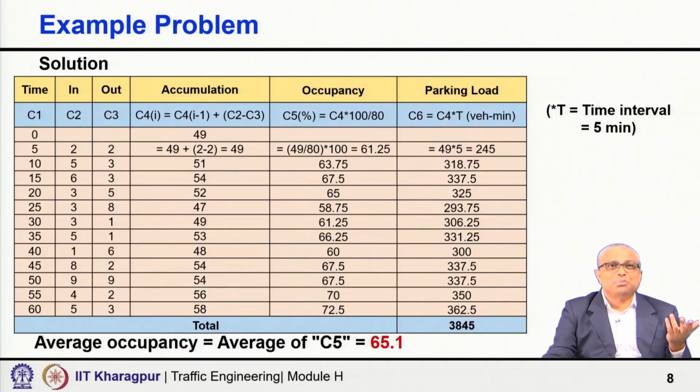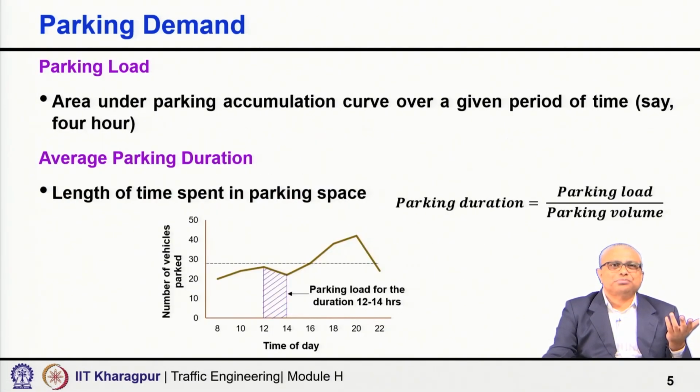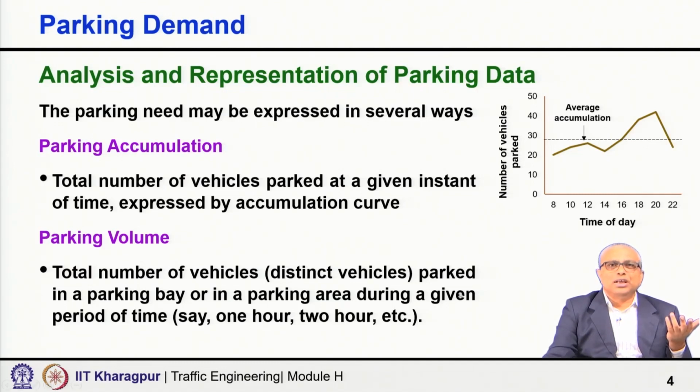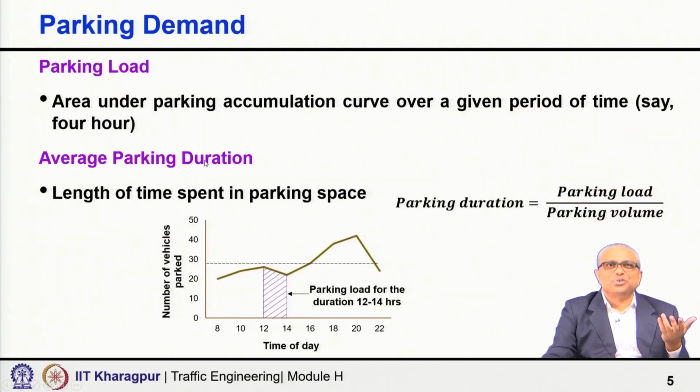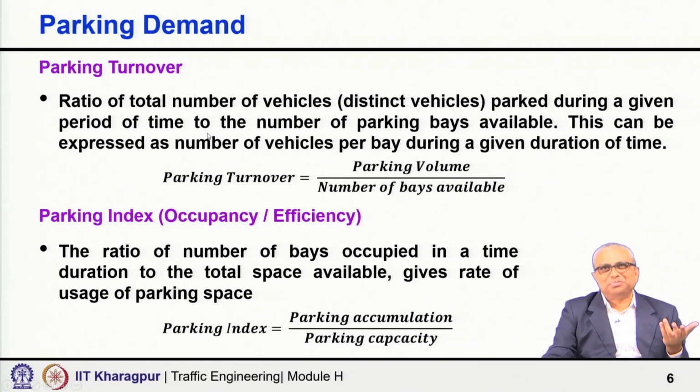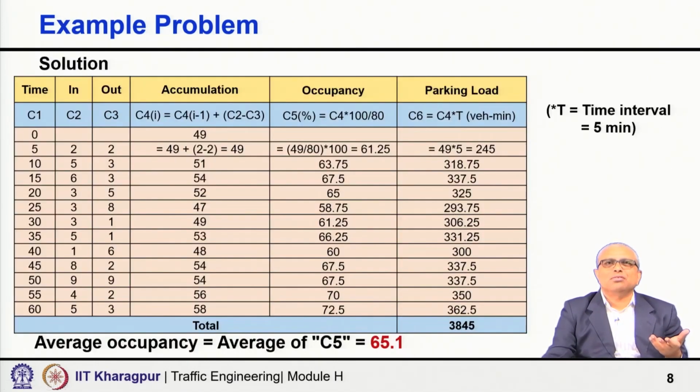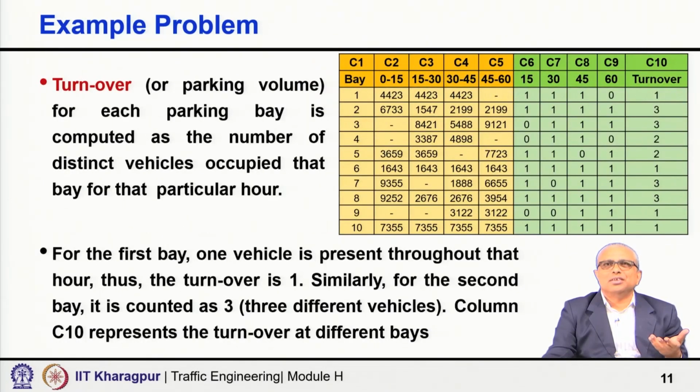Remember that when I spoke about parking volume, I said it is the total number of vehicles parked in a parking bay or in a parking area. If we are measuring it for a single parking bay, then it is the same as parking turnover, because parking volume divided by the number of bays is the turnover, and here I have observed only one bay. In the whole area, we have a number of bays, so I have to divide the volume by the number of bays. So, here I am calculating for every parking bay.